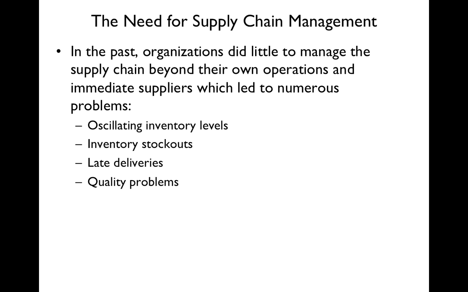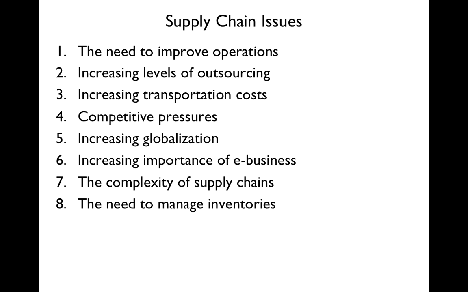So the supply chain management. Early on, there was little effort to manage the supply chain beyond your own operations and immediate suppliers, which leads to numerous problems. You have oscillating inventory levels, inventory stockouts, late deliveries, and quality problems. So the issues: you need to improve operations. We have increasing levels of outsourcing, increasing transportation cost.